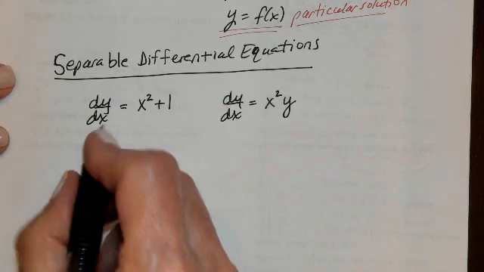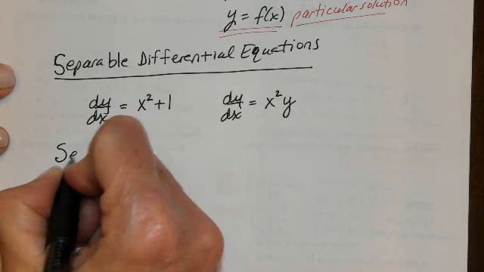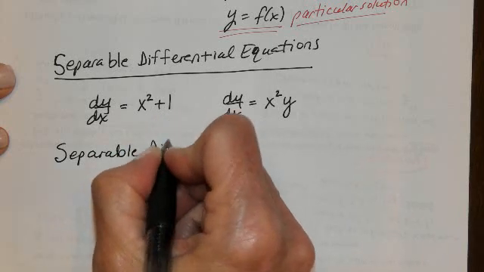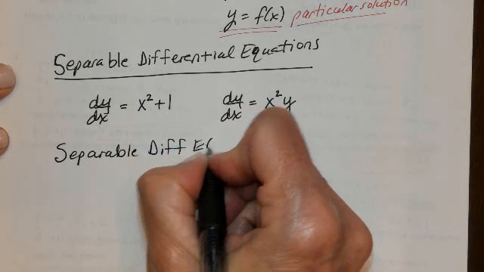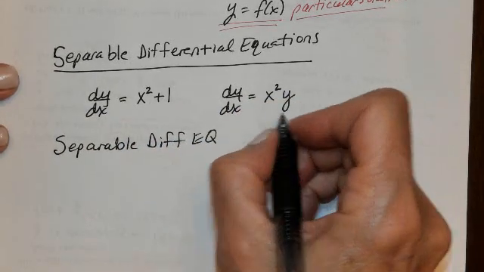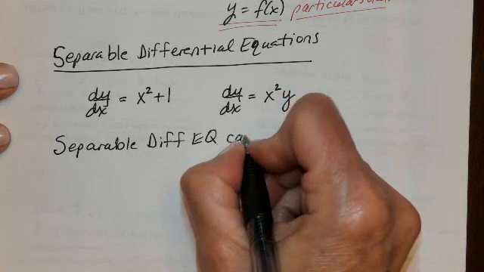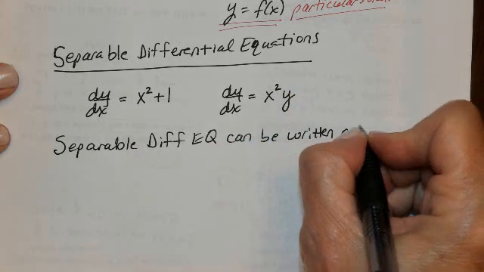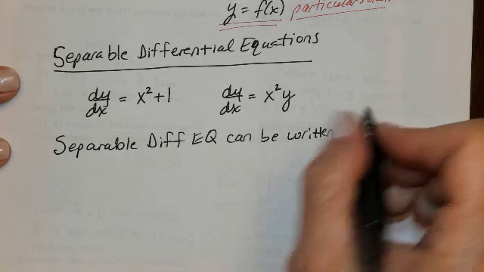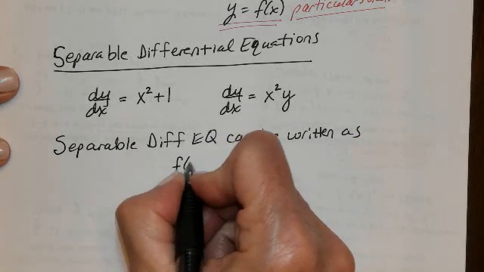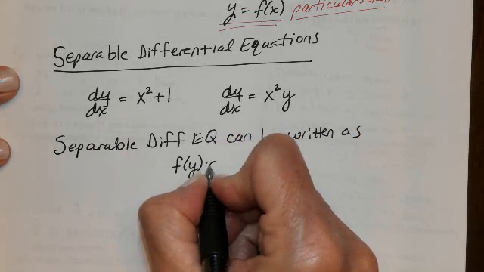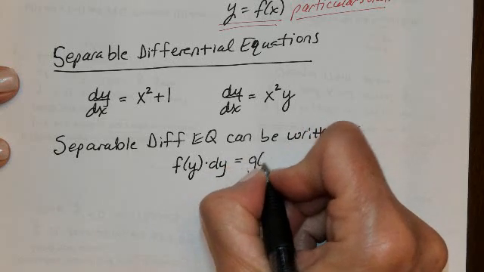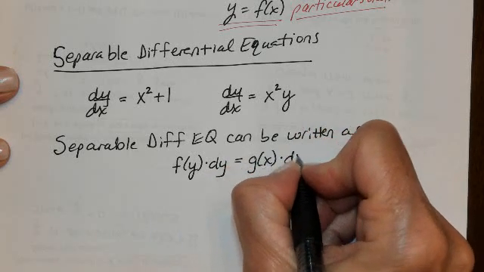So a separable differential equation, I'm going to abbreviate differential equation as diffEq. A separable differential equation can be written as some function with y's times dy is equal to some other function of x's times dx.